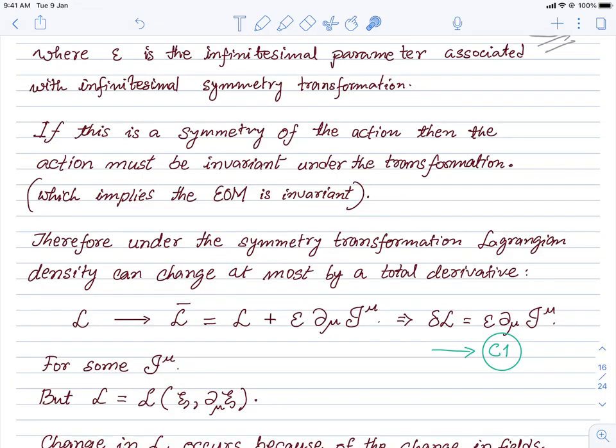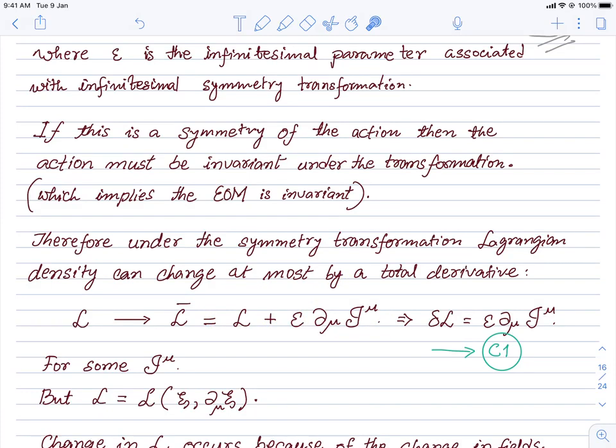What is actually true is it may not be actually invariant, but it can give rise to a term which is a total derivative. And as you know, a total derivative would give rise to boundary terms, and it will not affect the equation of motion in any way. So the equation of motion will be invariant if the symmetry transformation gives rise to some total derivative terms in the Lagrangian.